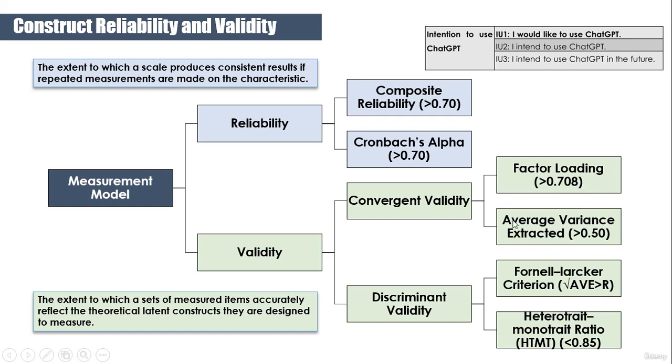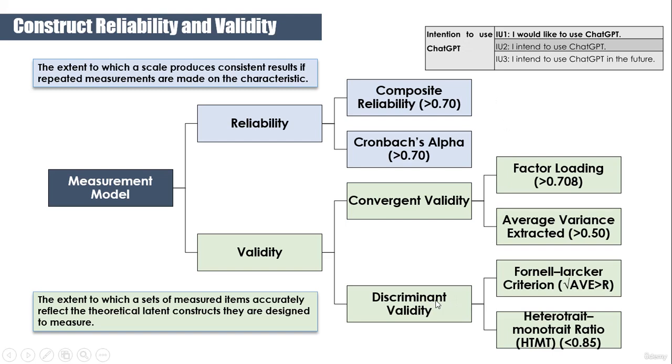After that, you can use the average variance extracted, which should be higher than 0.50. At that time, we can say that this construct has convergent validity. Convergent validity means that these items converge to measure this particular construct.